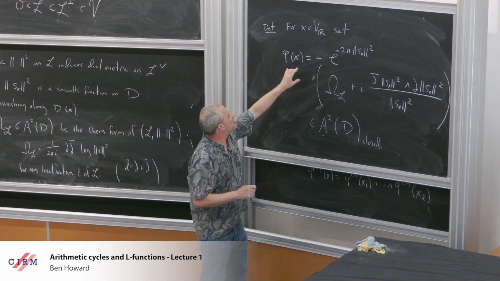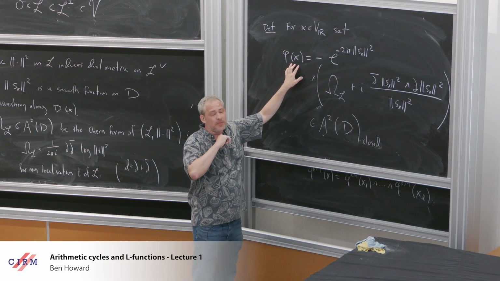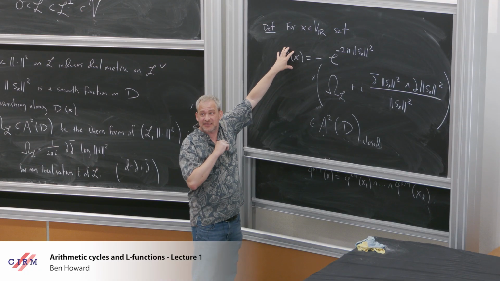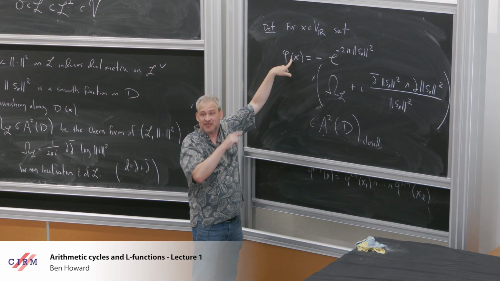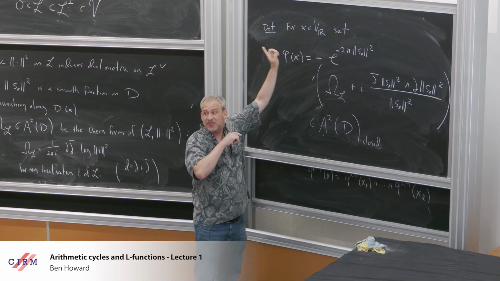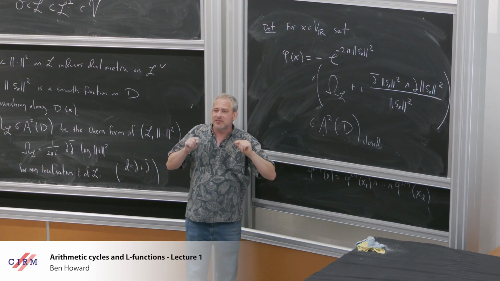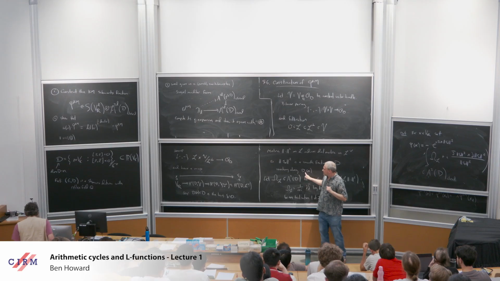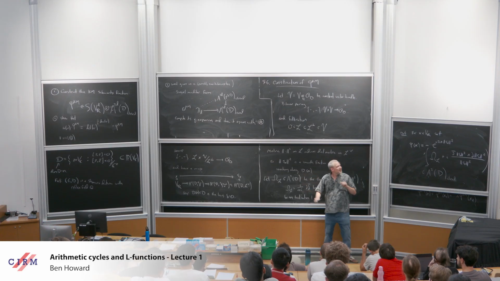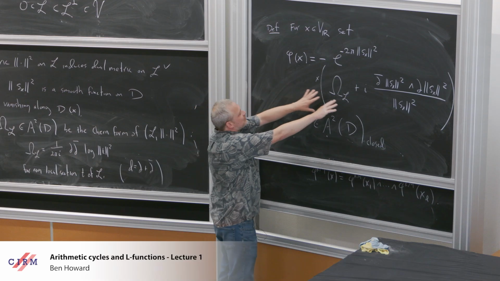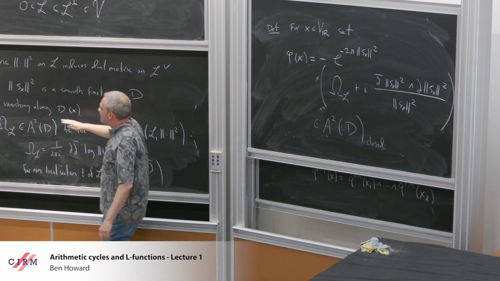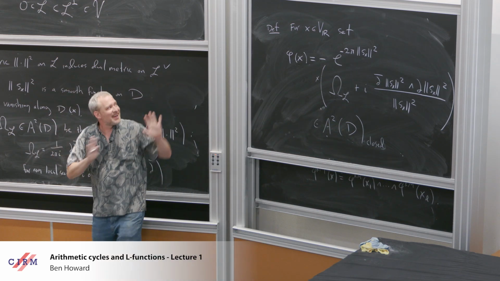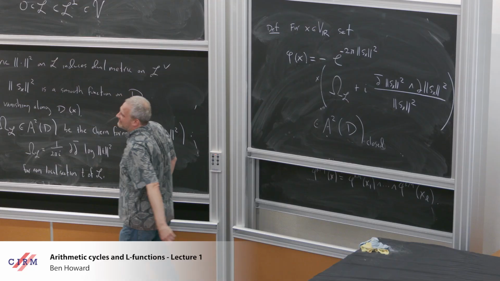Meaning, if you take a compactly supported test form, integrate it against this with a parameter in front of the x, you compute that integral, and then let the parameter go to infinity. That will converge to the integral of your test form along the divisor D_x. So this is somehow a deformation from the Chern form toward this particular divisor. So it's not an insane thing to look at, but I'll stop there because you want me to.